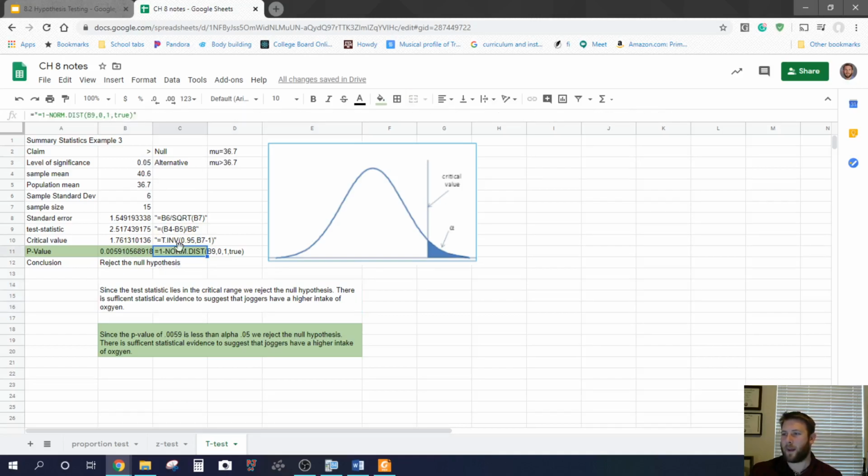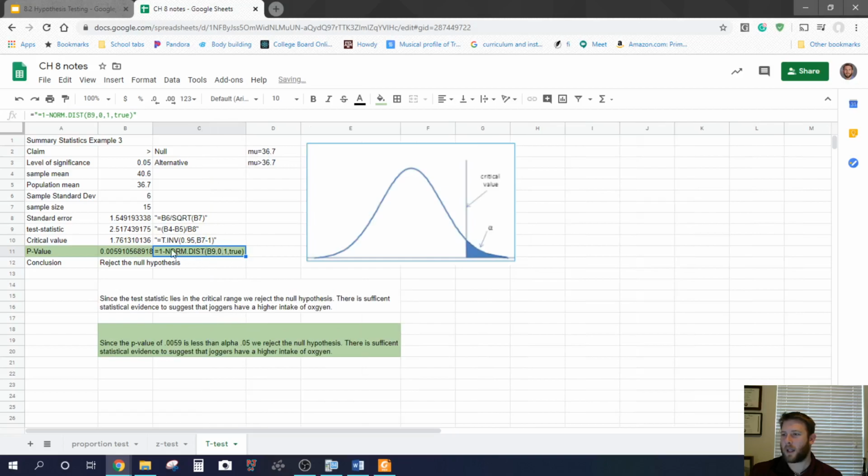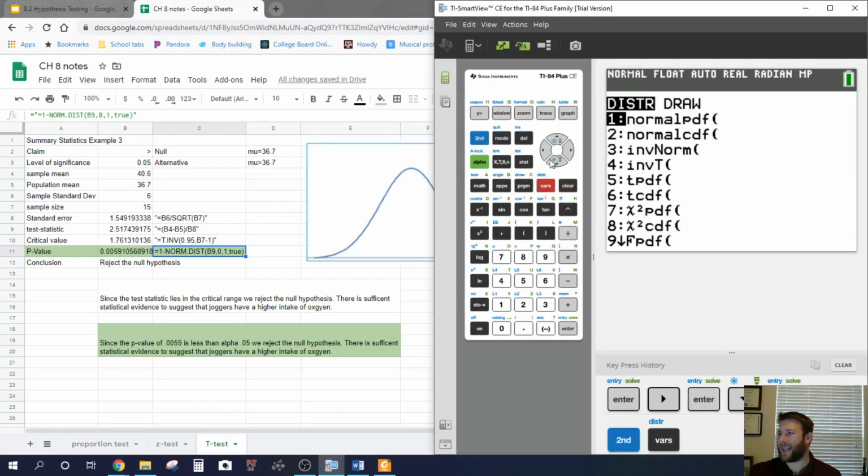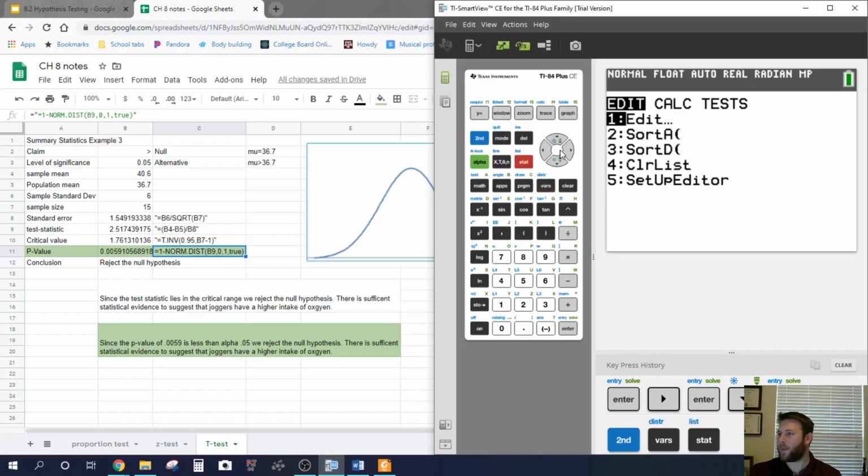Because it's greater than, my normal distribution is going to be 1 minus NORM.DIST(B9, which is our test statistic, comma 0, comma 1, comma true. Same idea on our calculators over here. The only difference now to get that p-value is that we're going to be using a t-test. Sorry, let me go to our test.